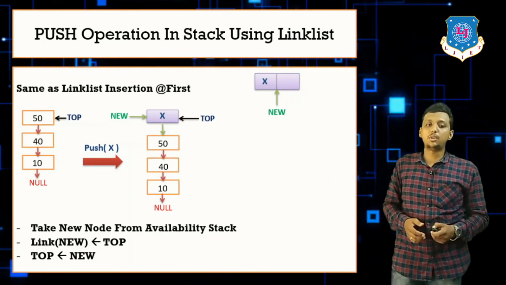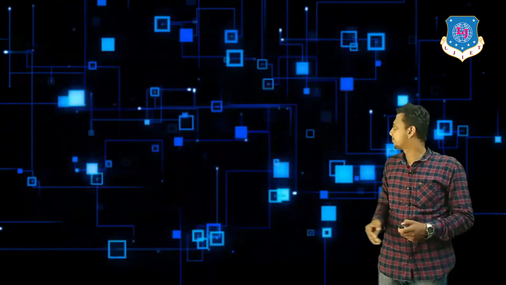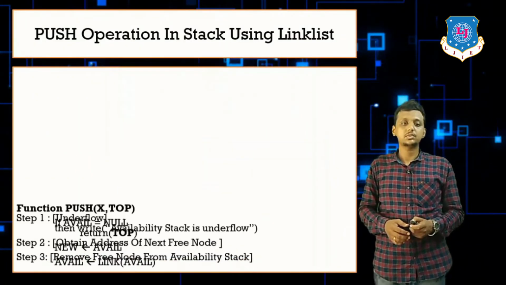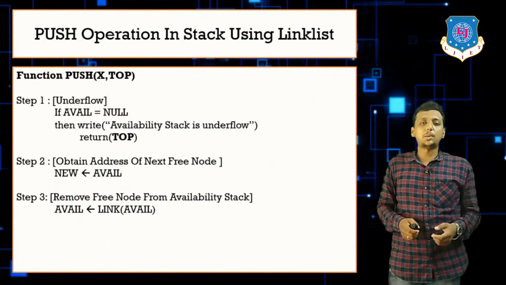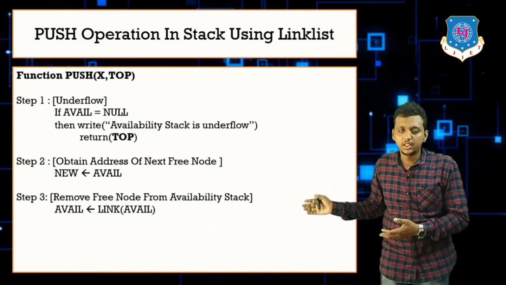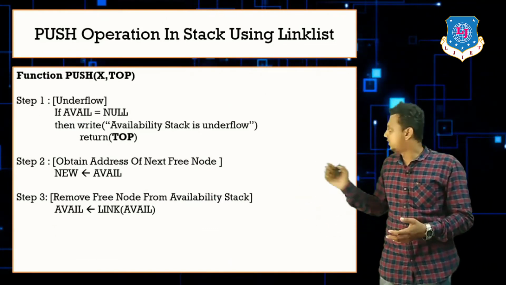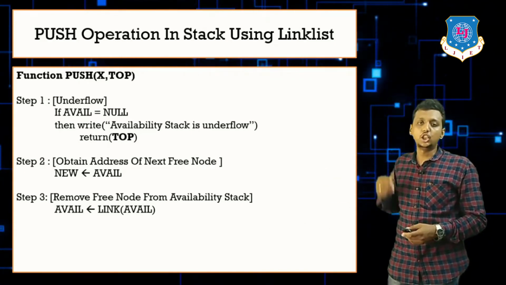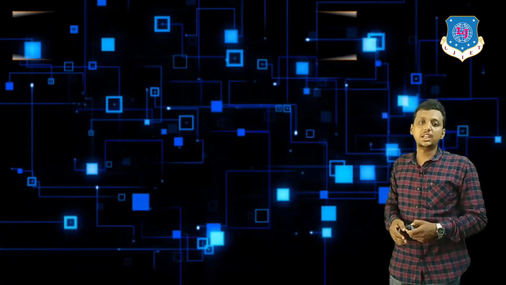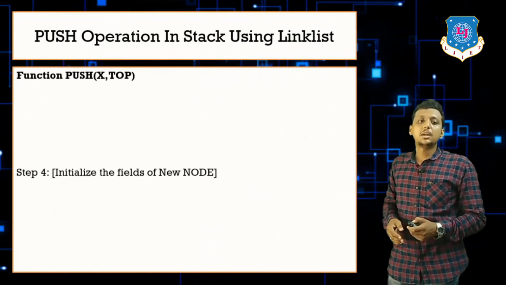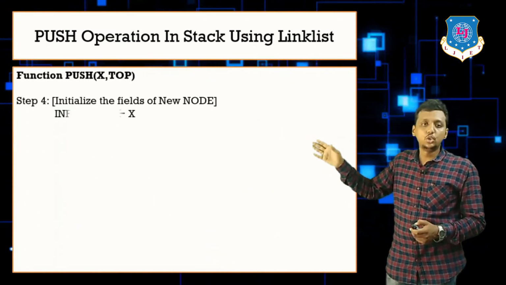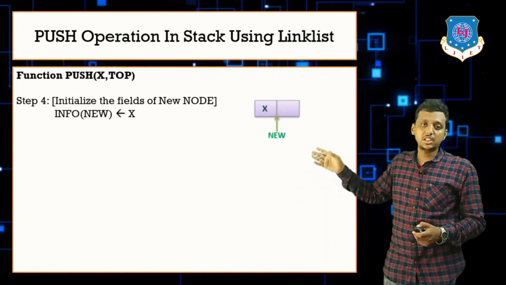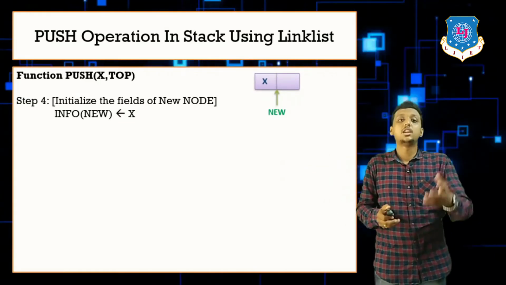Let's check out the algorithm of push. The first three common steps I already told you about, so I'm not going to revise them again. All three common steps are for taking the new node from the availability stack. Now first initialize the info of new, I just forgot it.